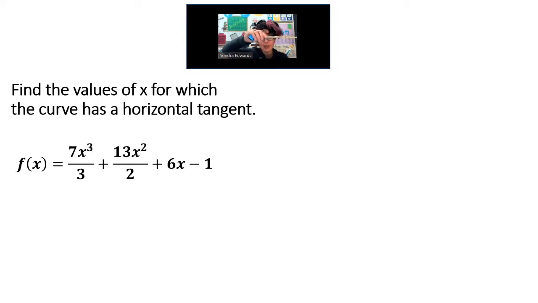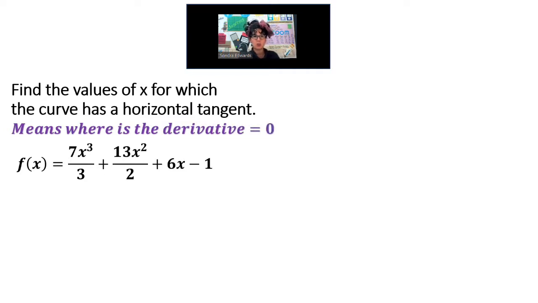The slope is 0. So this is really just saying, where is the derivative equal to 0? Because the slope of a tangent line means derivative, and all horizontal lines have a slope of 0.